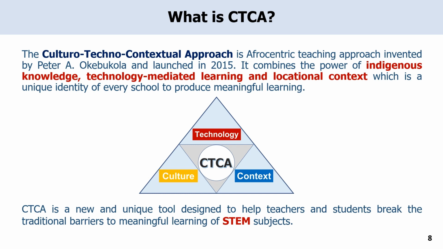This approach combines the power of indigenous knowledge, technology, and the environment of the student, which is the locational context where the school is located, to help to improve student performance in science and enhance meaningful learning. CTCA is so unique in the sense that it combines the power of so many teaching strategies that you can think of. So it's more or less like so many things put in one.